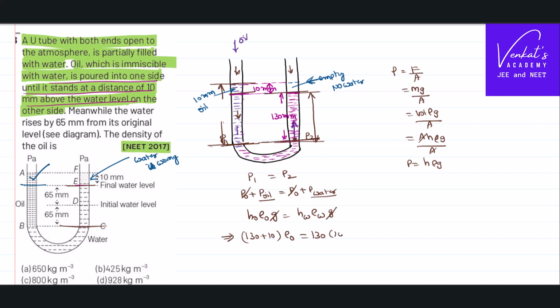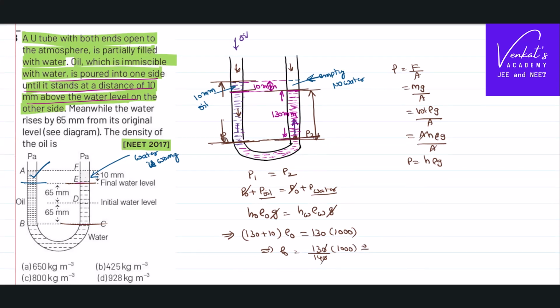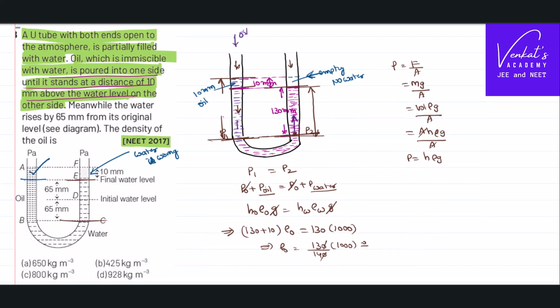Density of the water is 1000 kilogram per meter cube. That implies density of the oil is 130 by 140 into 1000. That is 13 by 14 of 1000. That must be very close to 900 and above. There is no other answer other than this. So I need not even calculate that. 928 kilogram per meter cube is the answer for the problem.